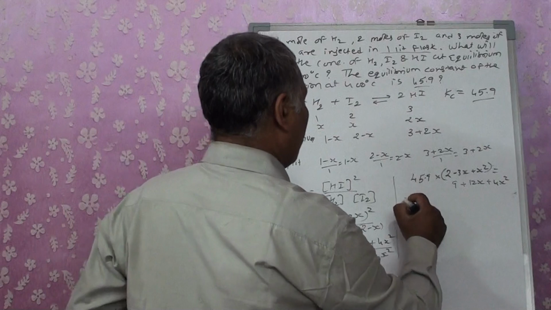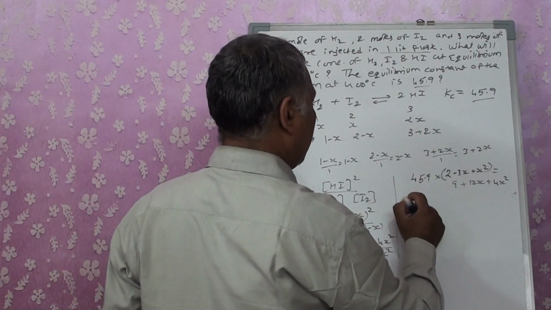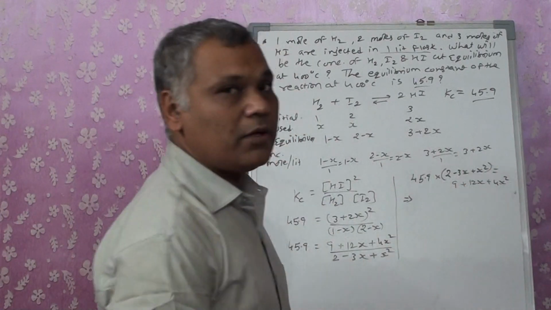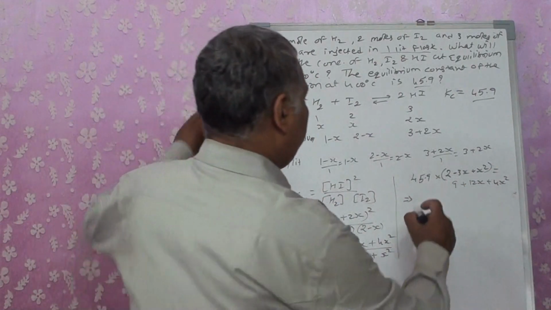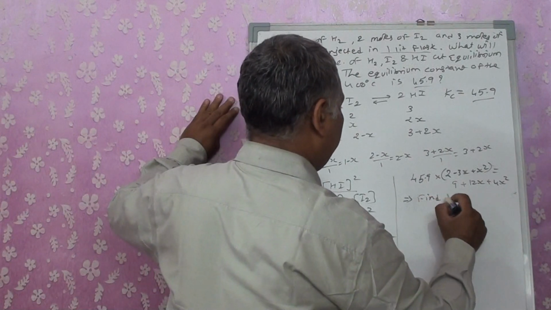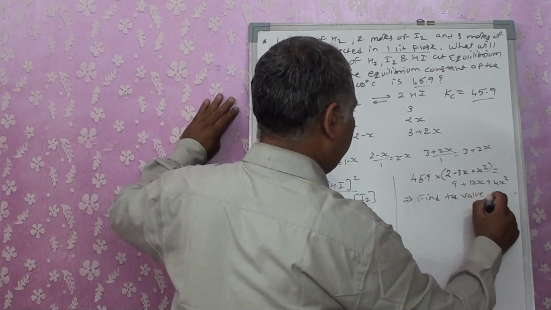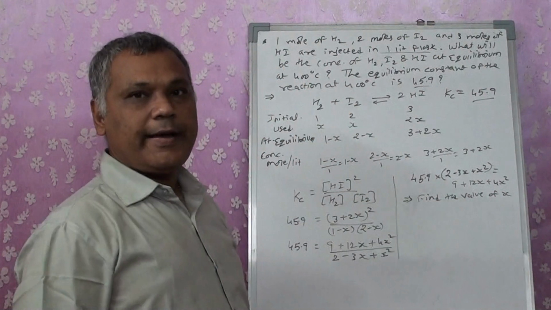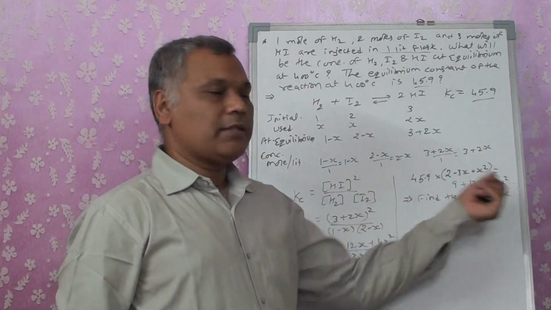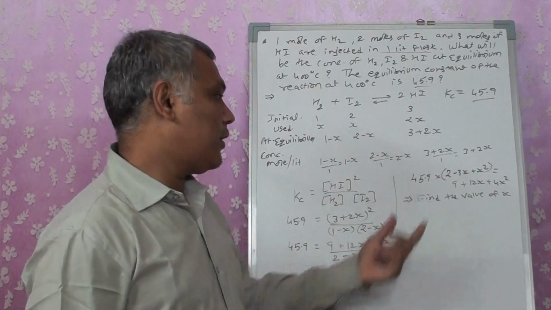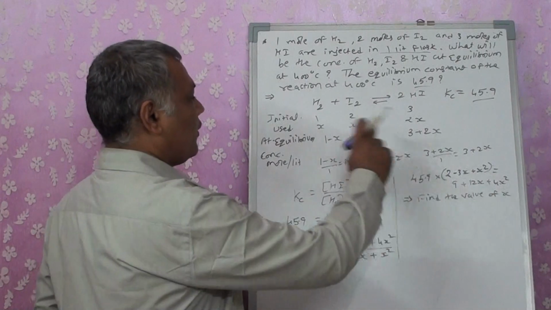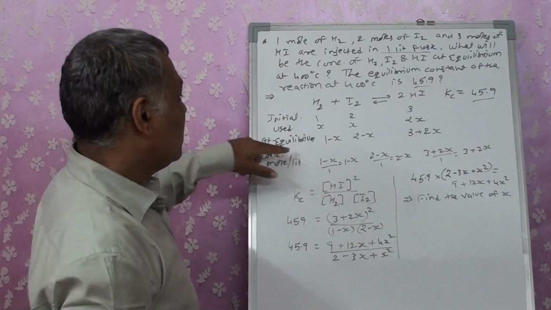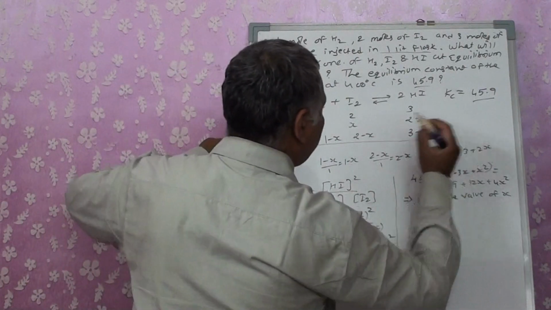So from this, we try to find out x with the help of a quadratic equation. We open the brackets, move terms to the left and right sides, and get the quadratic equation. Once we get the value of x, we will substitute it in the given equation.